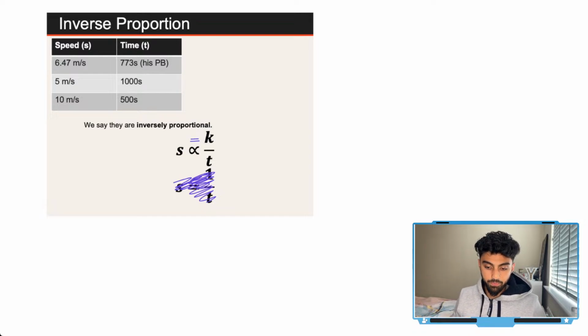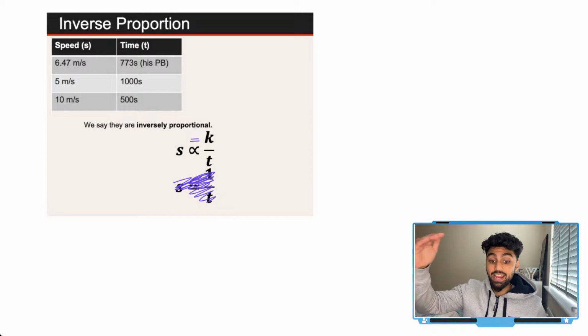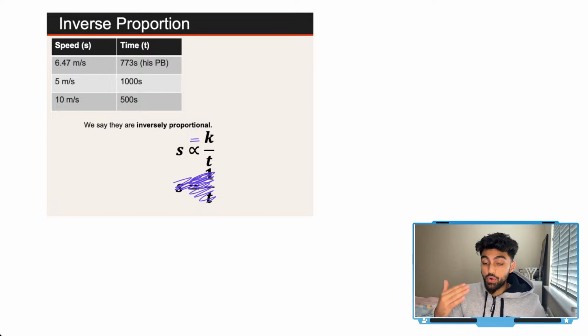It's the same thing. Inverse proportion is k over x or k over t, whatever the question is saying. The only thing you need to remember is that k, your constant of proportionality, is your numerator, and the variable that's in the question, whether it's time, x, or distance, is your denominator. That is how you go about finding the value of k.